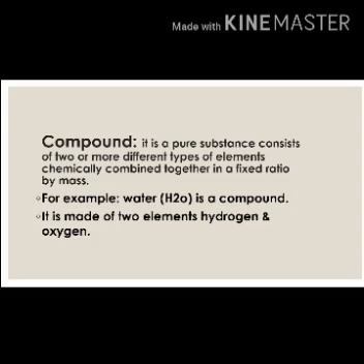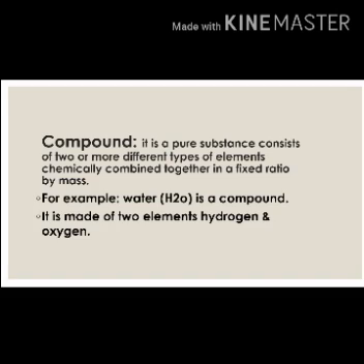For example, water, having the chemical formula H2O, is a compound. It is called a compound because it is made up of two elements, and those elements are hydrogen and oxygen. Hydrogen and oxygen separately are called elements.